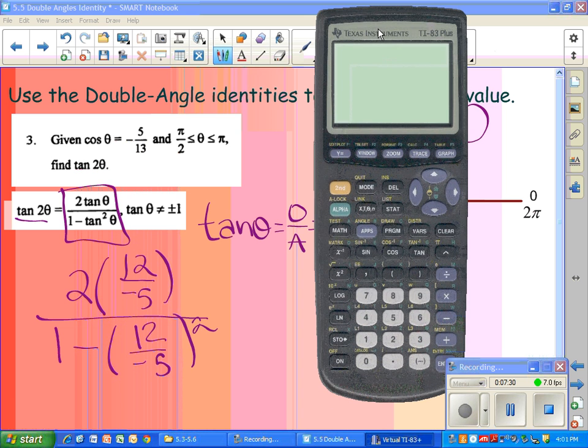Okay, let's do the numerator first. We have 2 times 12 divided by -5. Okay, hit enter, and we get -4.8.